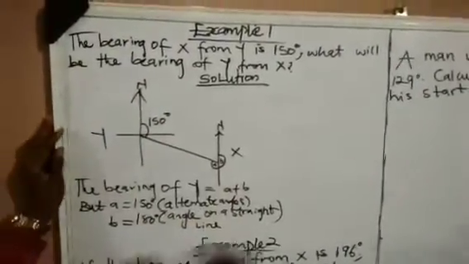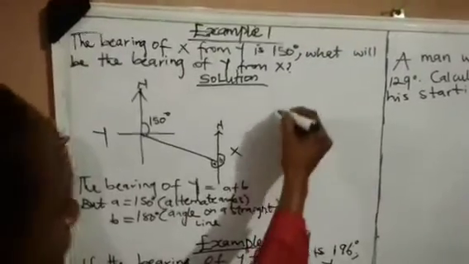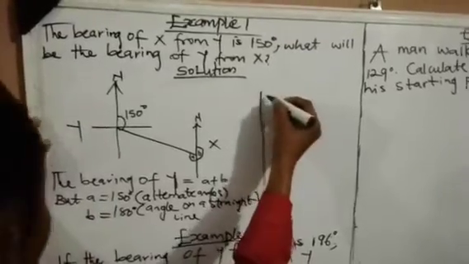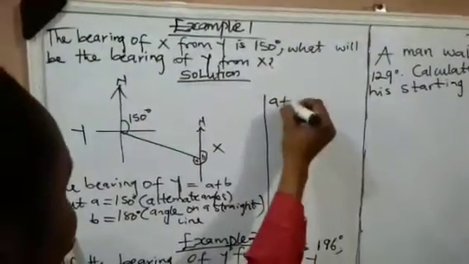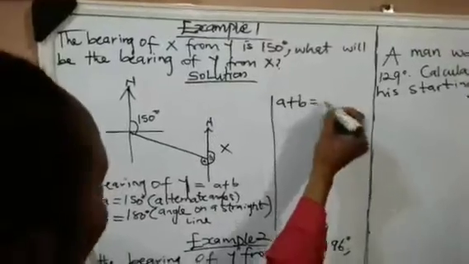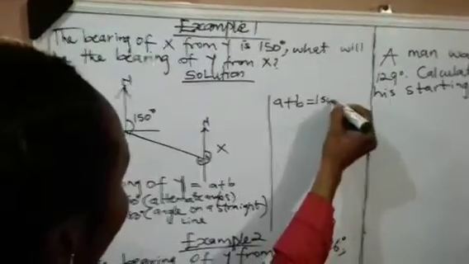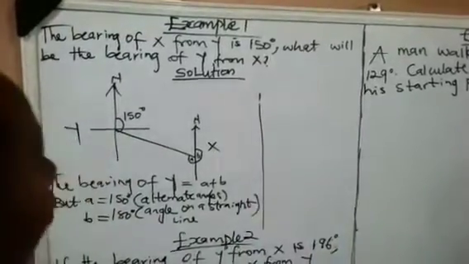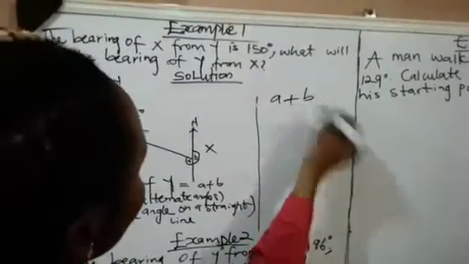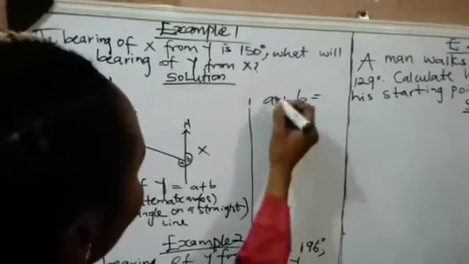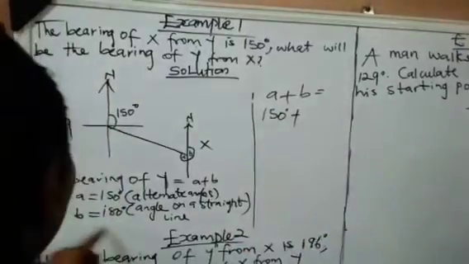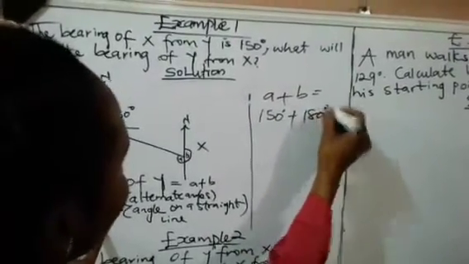But what we are looking for is the bearing of S. So therefore we have A plus B. Our A here is 150 degrees, and our B here is 180 degrees.